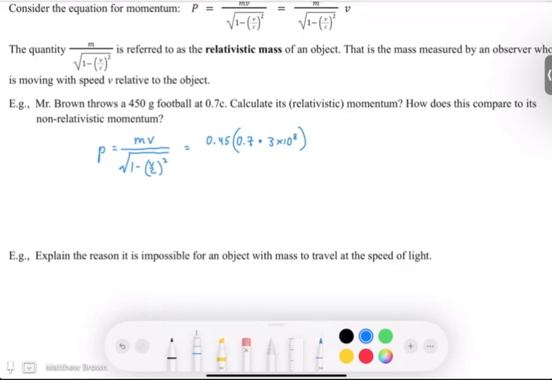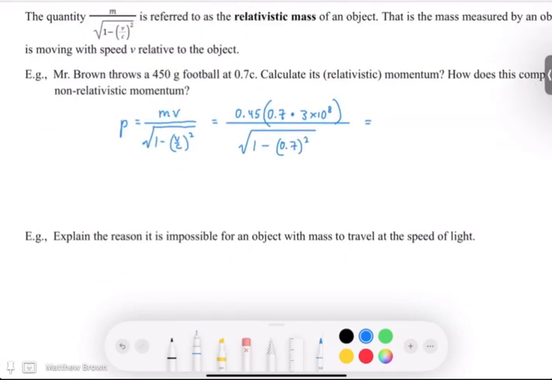I'll just write that in meters per second, because I think we're actually going to want the speed here. Whereas in the denominator here, we can actually write that as 1 minus 0.7 squared.